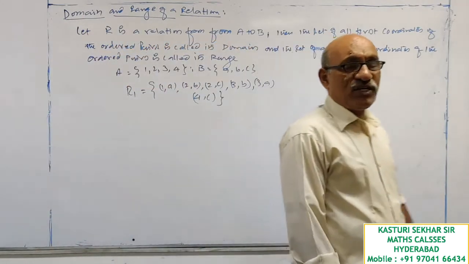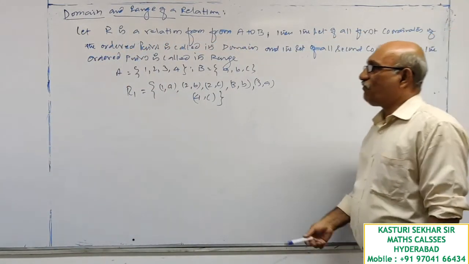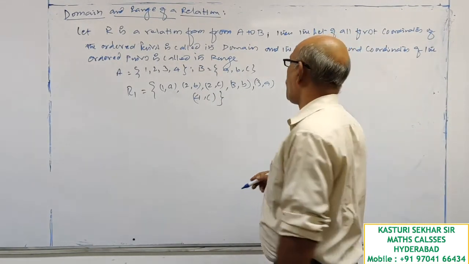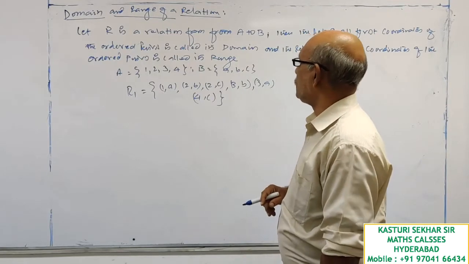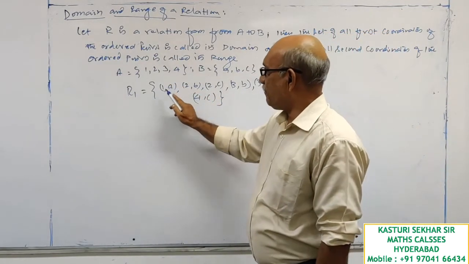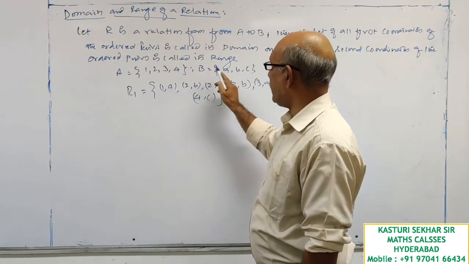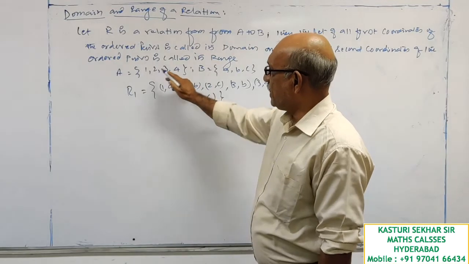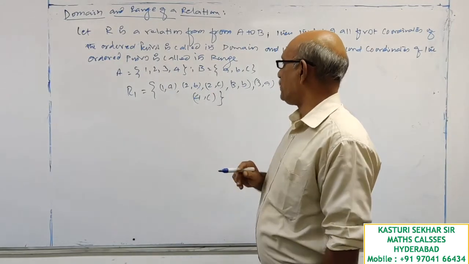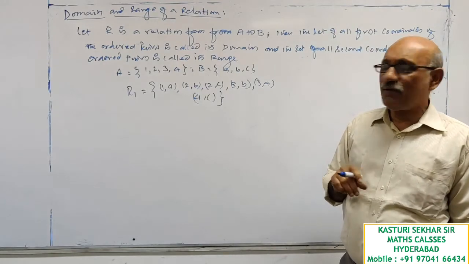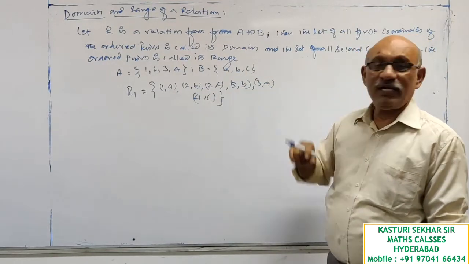This way a relation is defined. Now first see whether R1 is a subset of A cross B. A cross B means 4 into 3, 12 ordered pairs you will get. (1, a), first element is from set A, second element is from set B. (2, b), first element is from set A, second one is from set B. So all the ordered pairs are defined properly and these are available in A cross B.